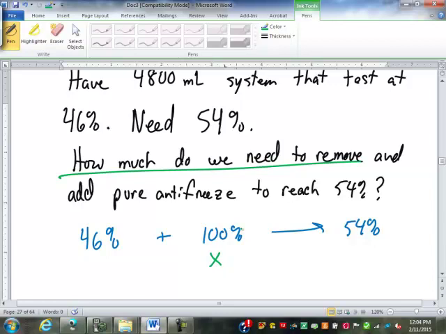So we're going to let the amount of the 100% or pure antifreeze be X. The amount of 54% we're going to have is going to be 4,800 milliliters. We have to fill the system up. So really the tricky part here is how much of the 46% are we really going to have? Well, we're going to have the full 4,800 milliliters minus the X milliliters that we remove and replace.